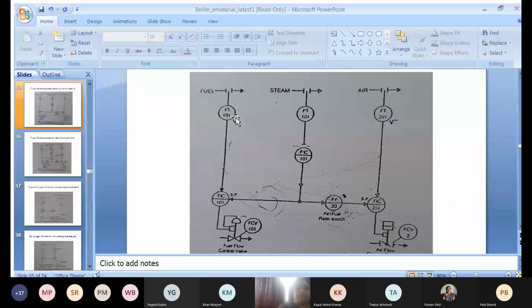You will find some particular symbol over here. What is the meaning of that symbol? Can you see some symbol over here or over here? FT101, हाँ, क्या है? कौन सा symbol है?